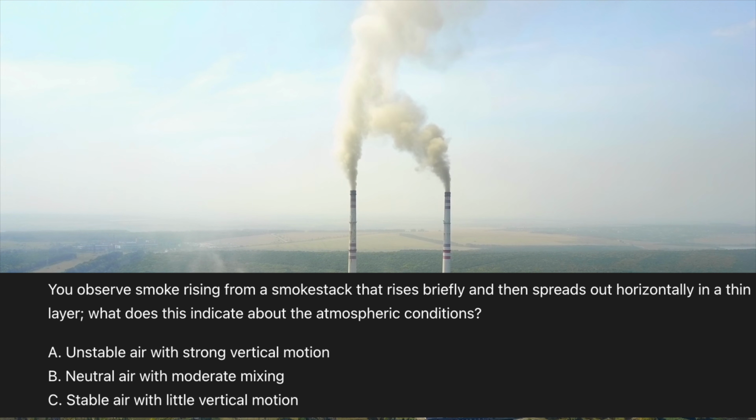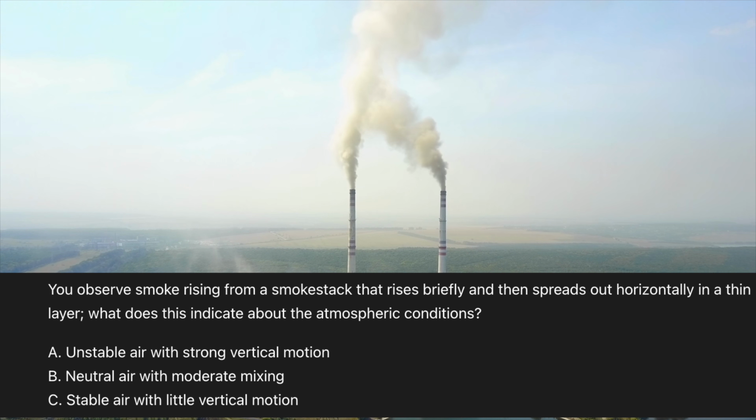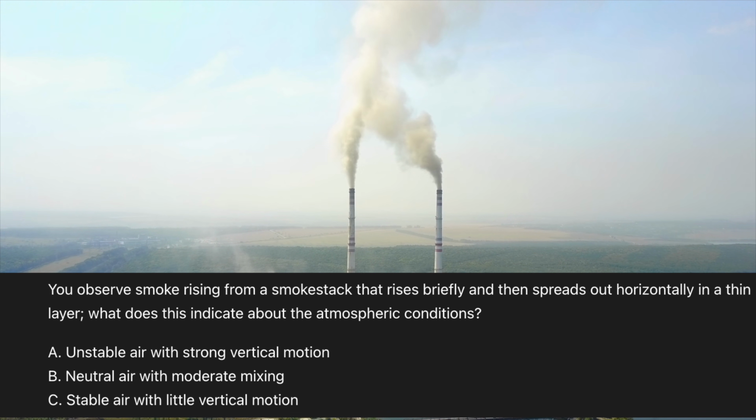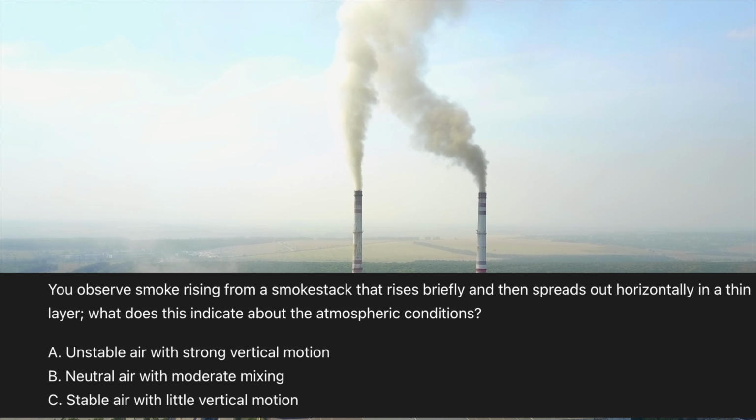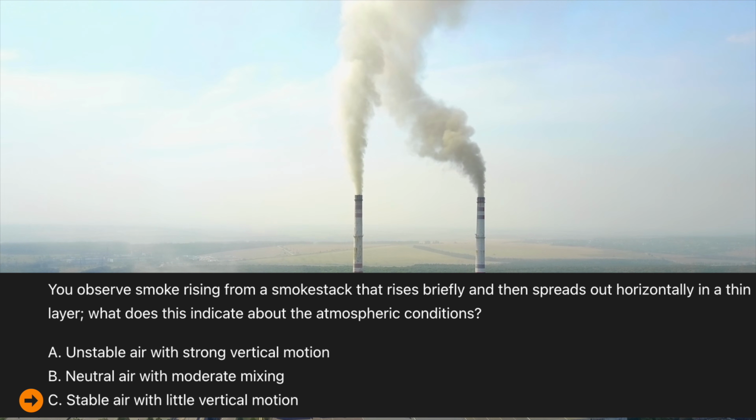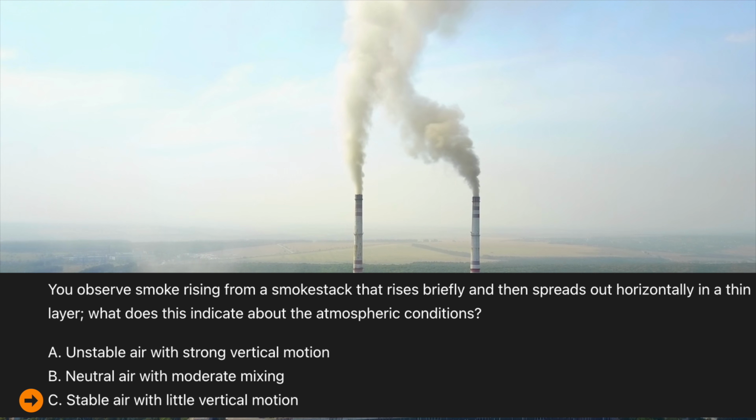But the answer has already been provided in the question. The question is basically telling you that we're dealing with stable air with little vertical movement, because it's traveling in a horizontal thin layer, spreading out, and there is no movement. So the correct answer is C, stable air with little vertical movement.